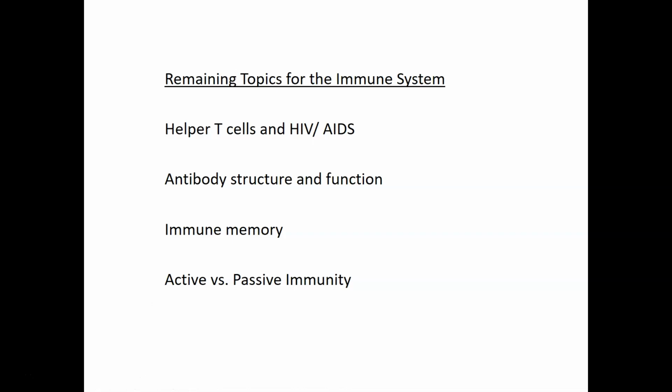What exactly does it mean to say that the adaptive immunity has memory and memory cells? Exactly what is that all about? And then finally, I want to distinguish between 2 types of immunity, active versus passive immunity. So I think for this video, I'll tackle the first 2 topics, and for the next video, the last 2 on the list.